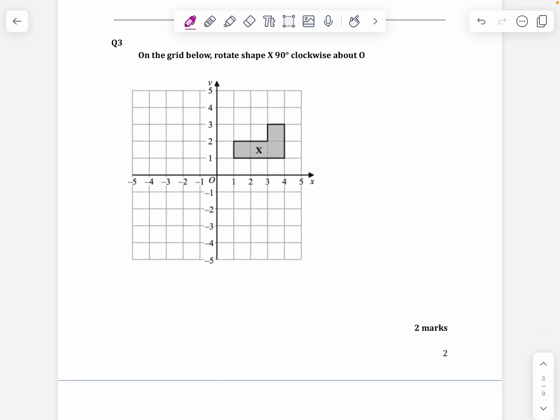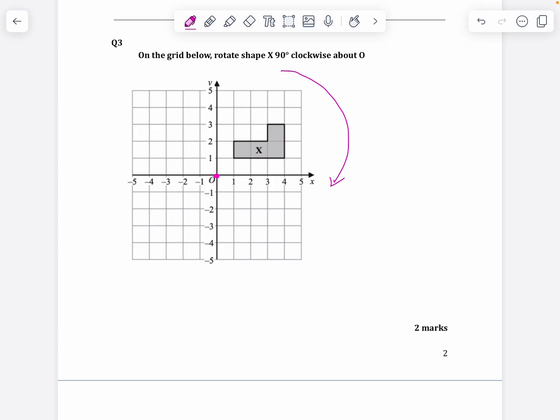On the grid below, rotate shape X 90 degrees clockwise about 0, 0, which is here. So obviously I can't show you this on the iPad. Remember, you put your tracing paper over it, trace the shape, hold your pen or pencil on 0, 0, and do a 90-degree turn clockwise.